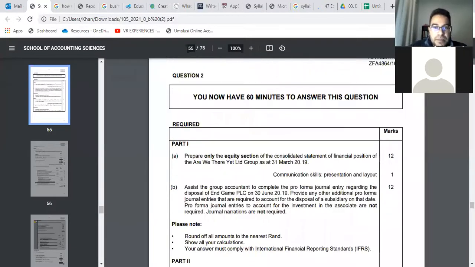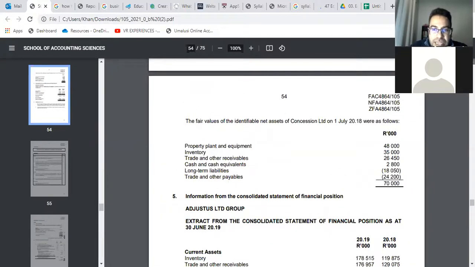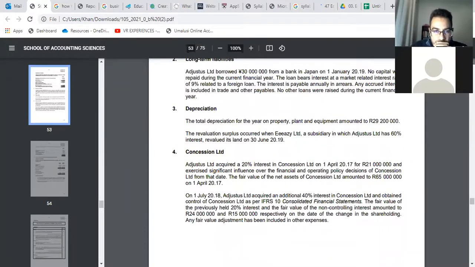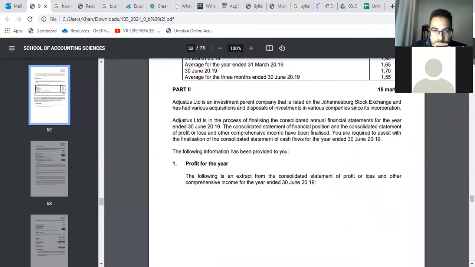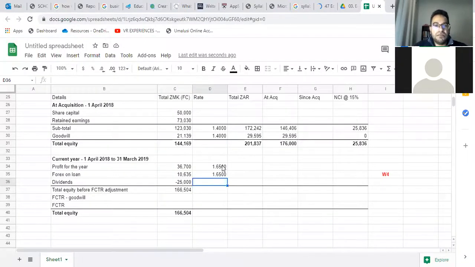But dividends must be translated on the transaction date, the date that dividends were declared. Where is that now? So dividends were declared on 28 February 2019. The rate on 28 February 2019 is R1.90.